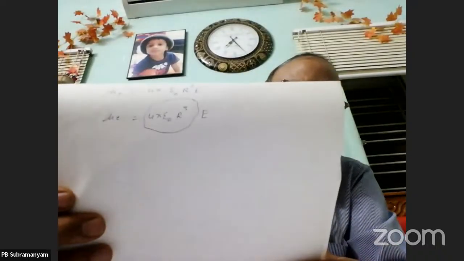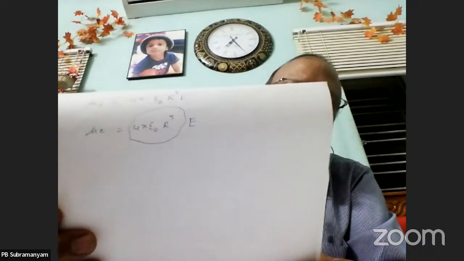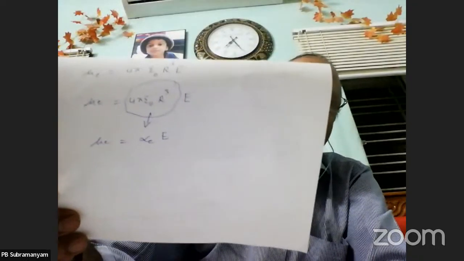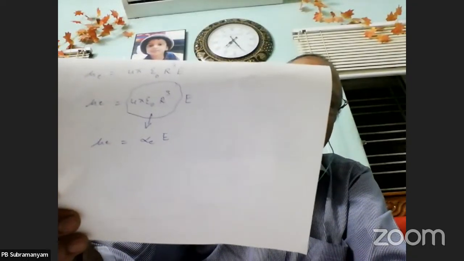All that part is a constant, and that we name as alpha e, times E. That is electronic polarizability. The same part is said to be alpha e, and that is electronic polarizability.